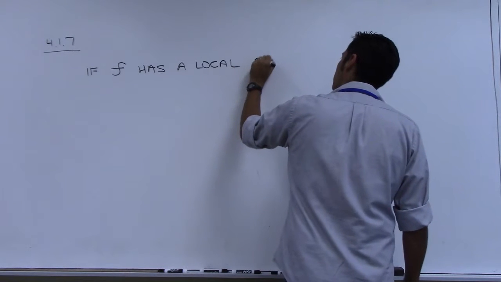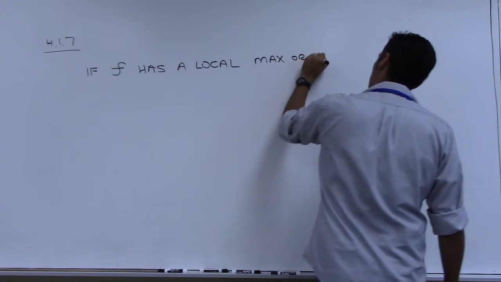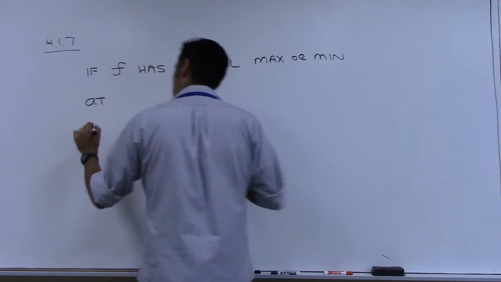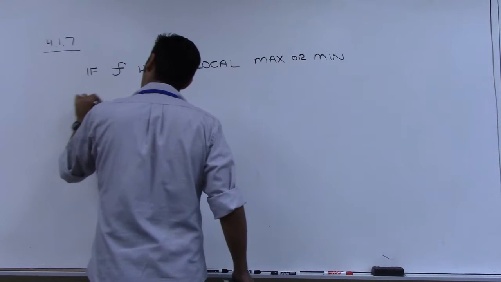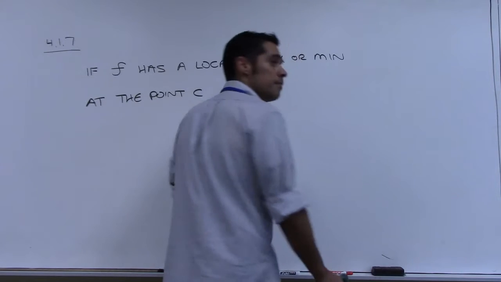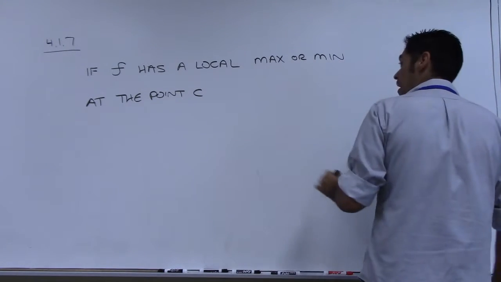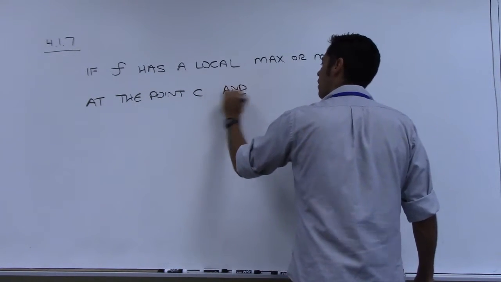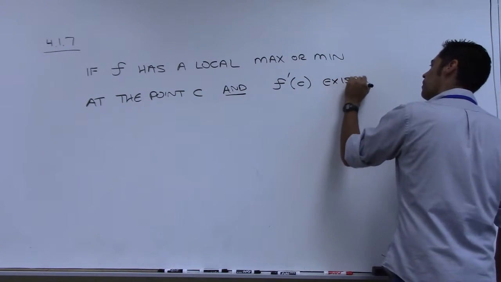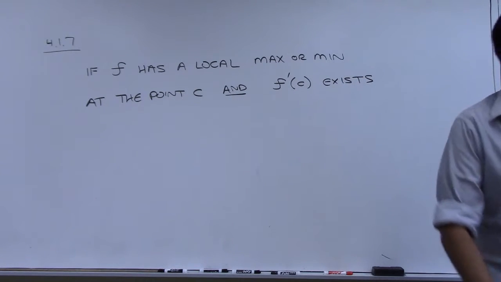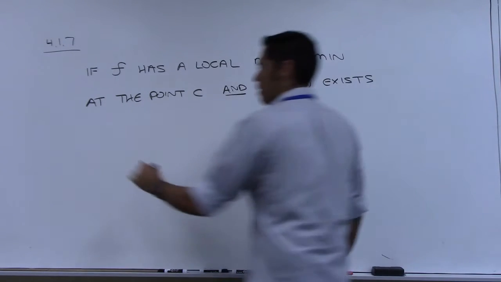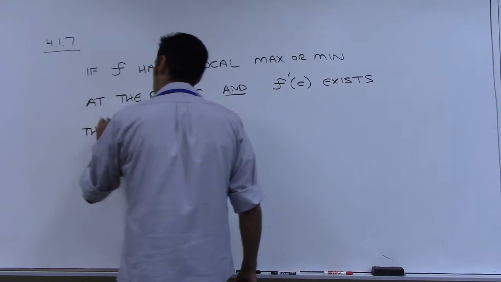maximum or minimum at a point c, and the derivative of the function at c exists, then the conclusion is the following.